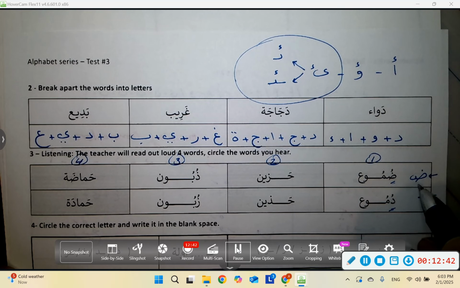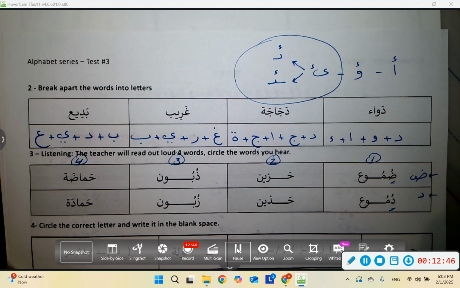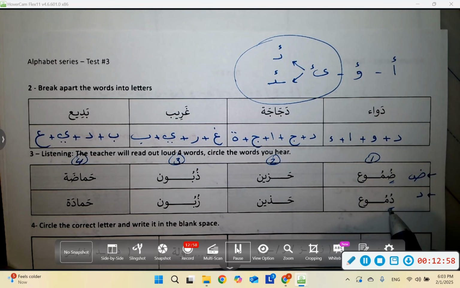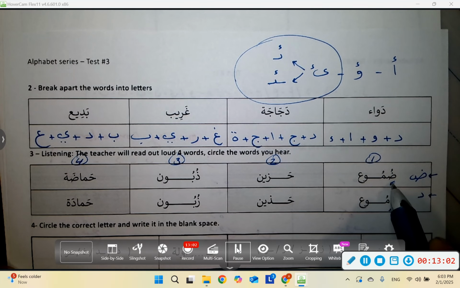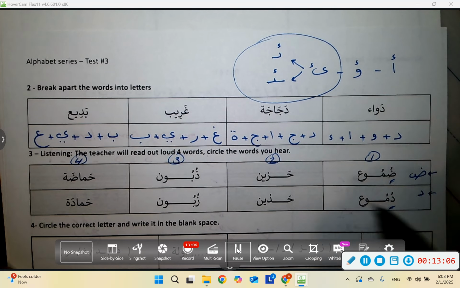So this one is a heavy dal. So don't confuse between da and da. We read this as dumu', but it has no meaning. So the correct one is this one.